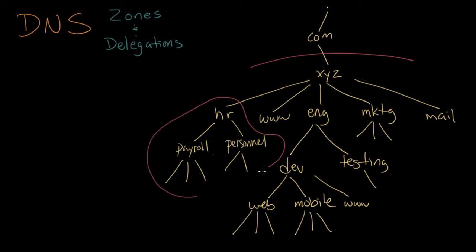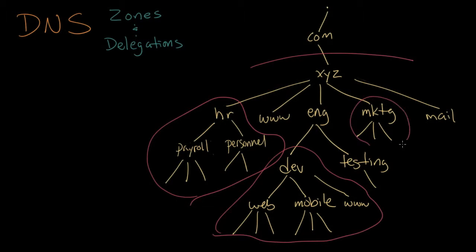And there's a zone right here. There is a zone here around development. There is a zone around marketing, a little tiny one. And then engineering's got one, but it overlaps the top of development just by one, just enough to be able to connect the two together. And then XYZ itself, the entire company, is a zone.